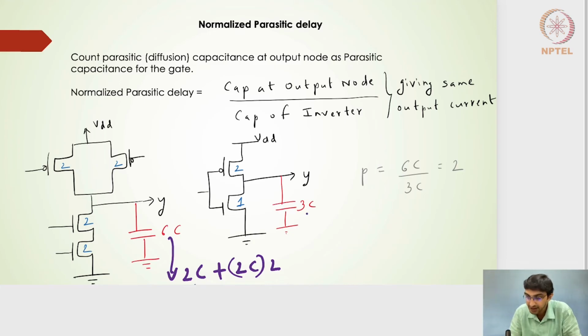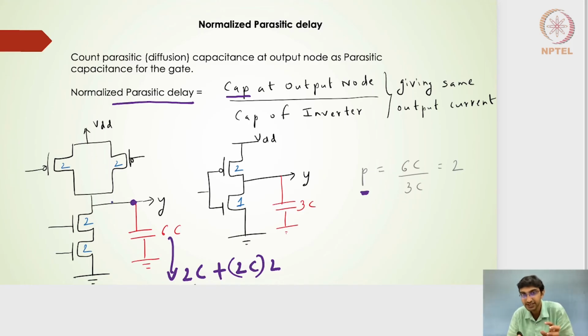right? And the normalized parasitic delay definition still remains the same. It is nothing but the ratio of the capacitance of the gate, for which we are calculating the normalized parasitic delay, with respect to the capacitance of the inverter. Now, what are these capacitances? These are the capacitances seen at the output node.